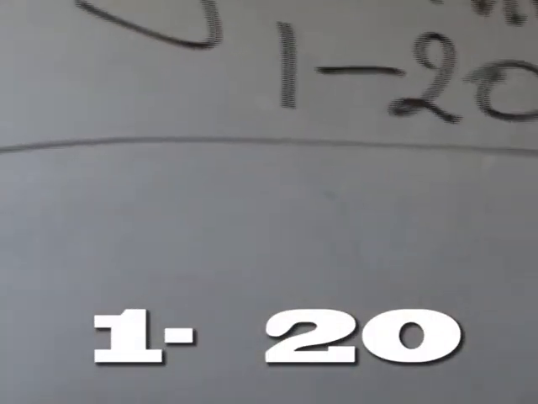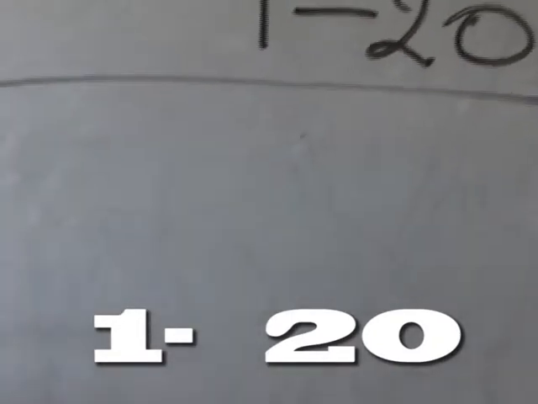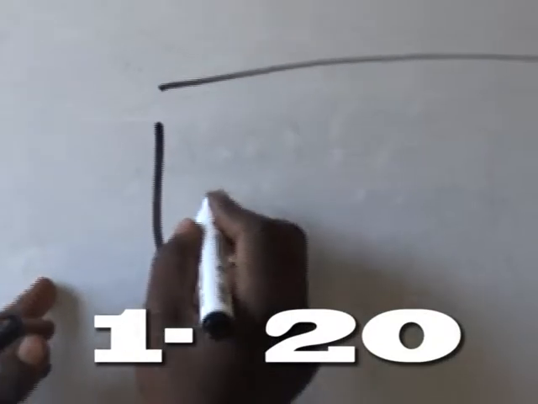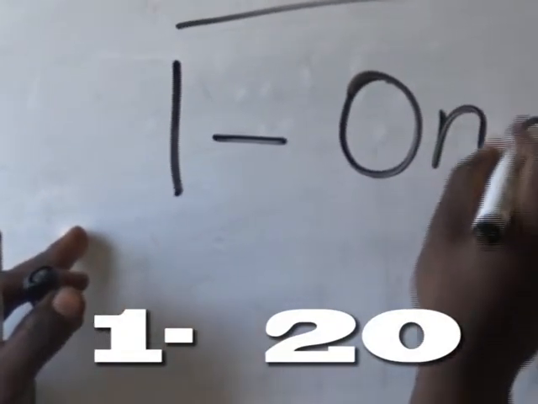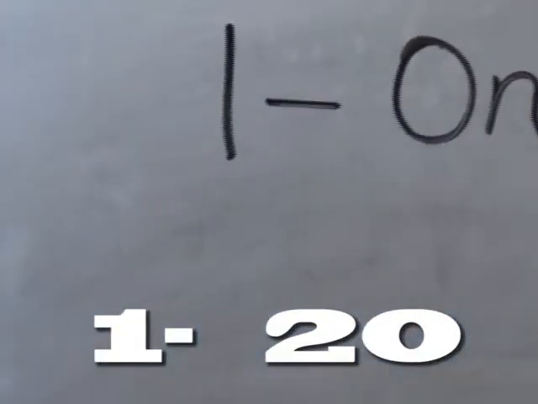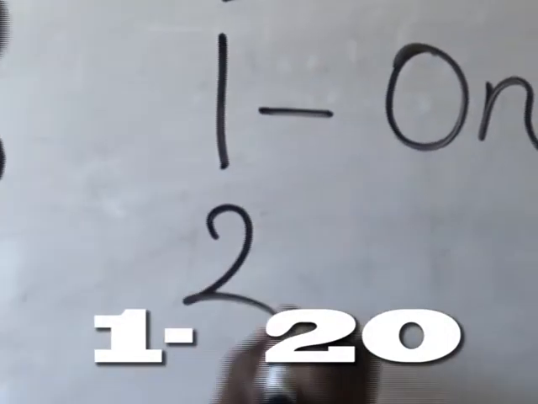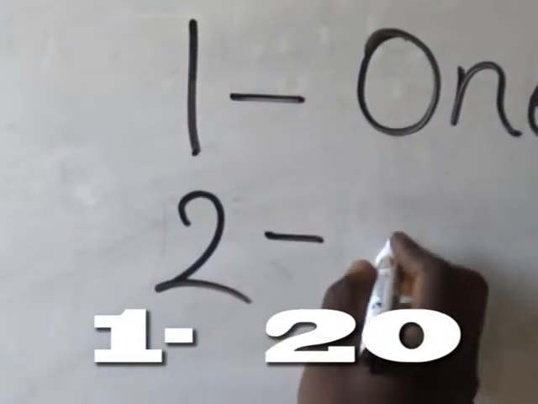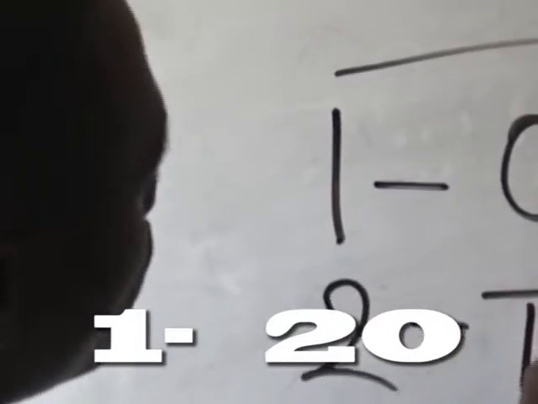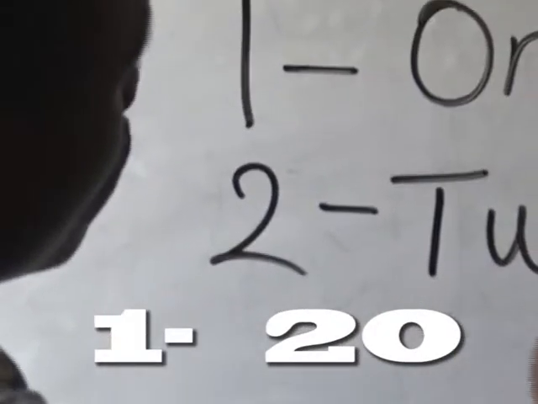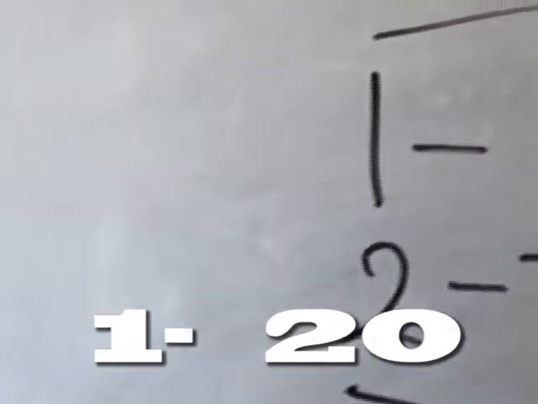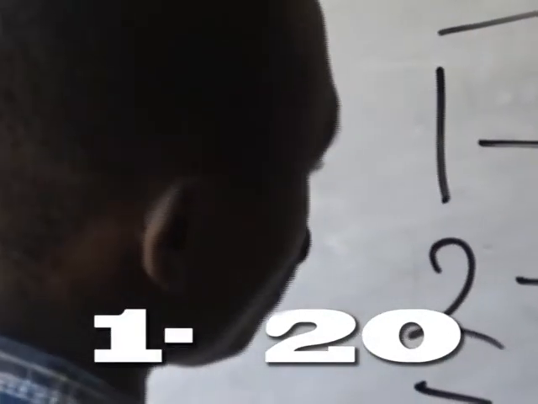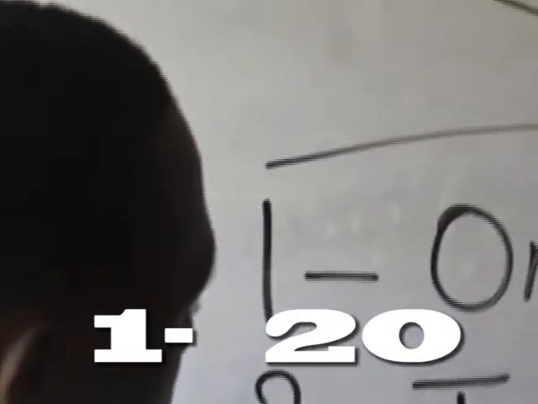Our first number is 1, and 1 is written as 1. Our second number will be 2, and 2 will be written as shown. Our third number is 3, and it's written as shown.